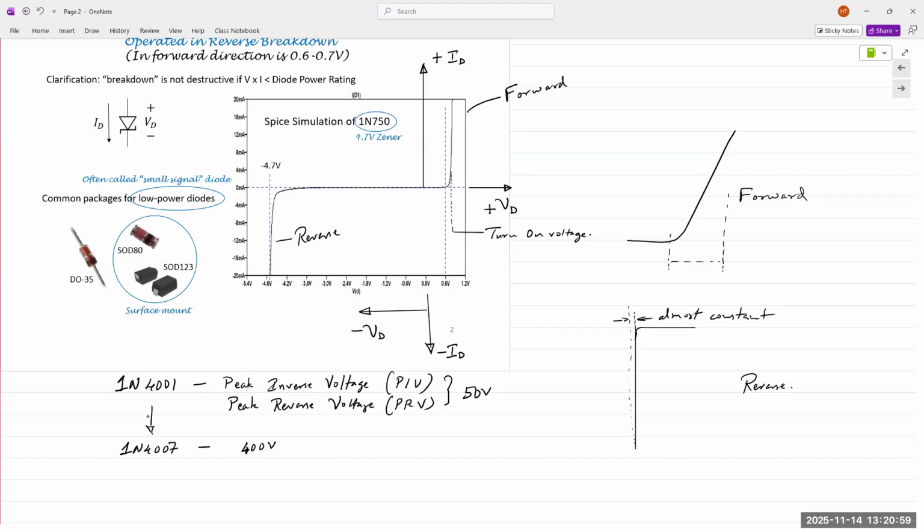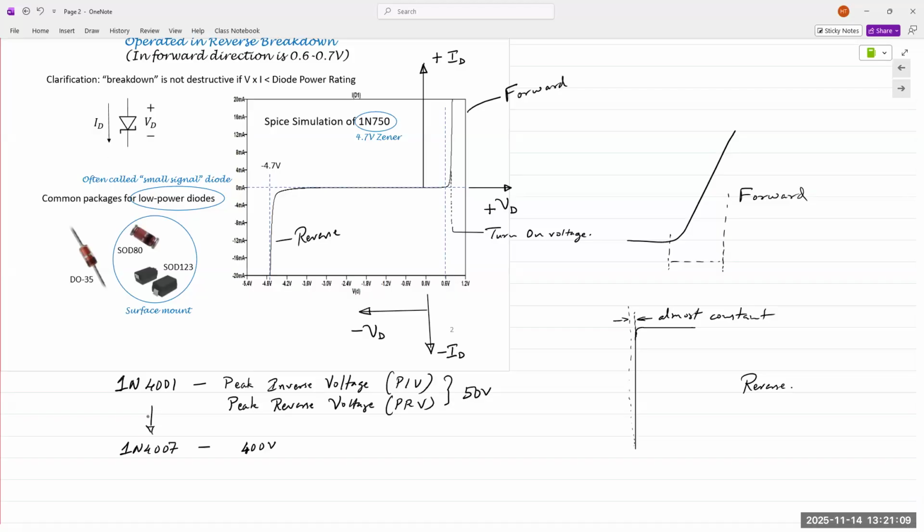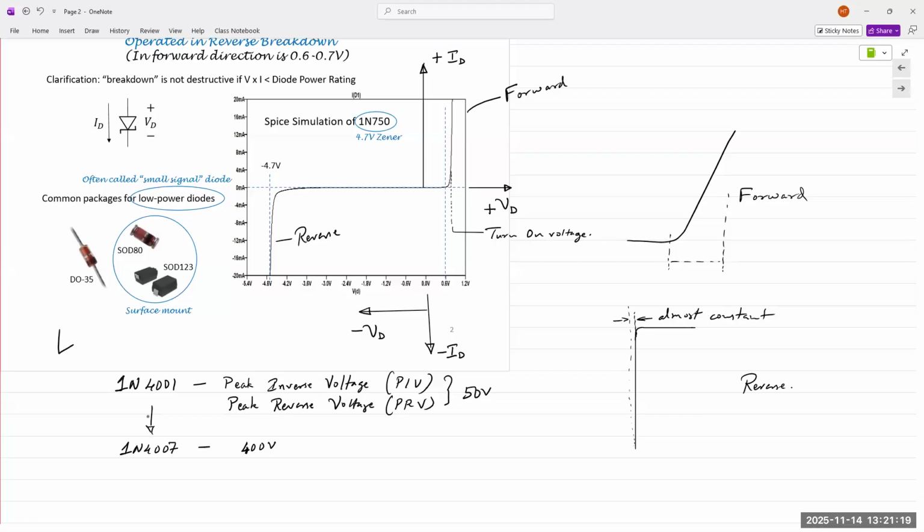Zener diodes have a very similar symbol. You have the arrowhead and the cathode, but the cathode symbol has whiskers on it. Typically, those whiskers are not straight. They have an angle, so something like this.